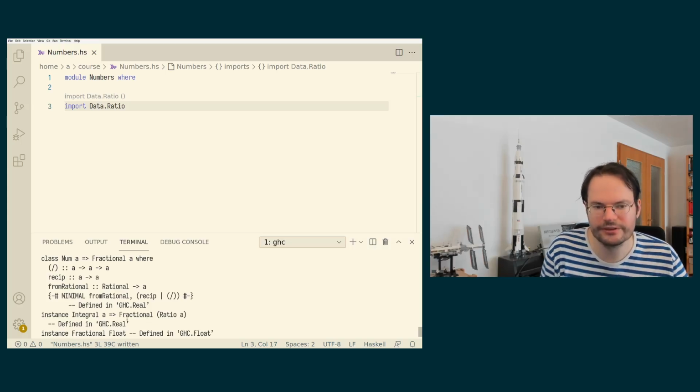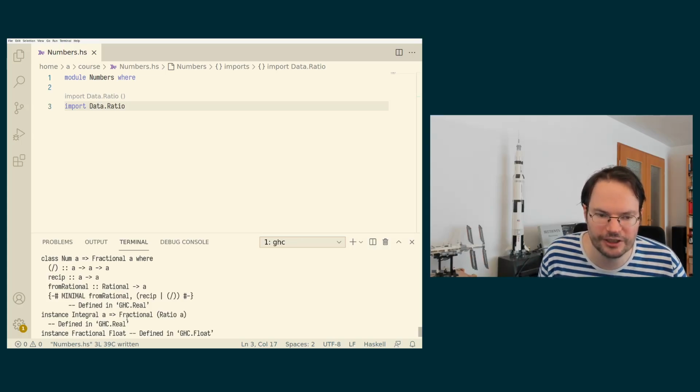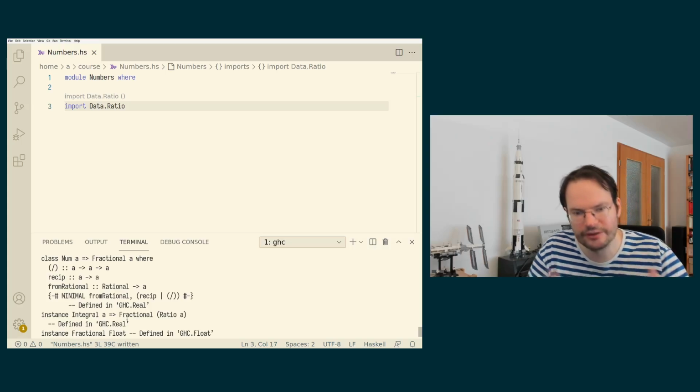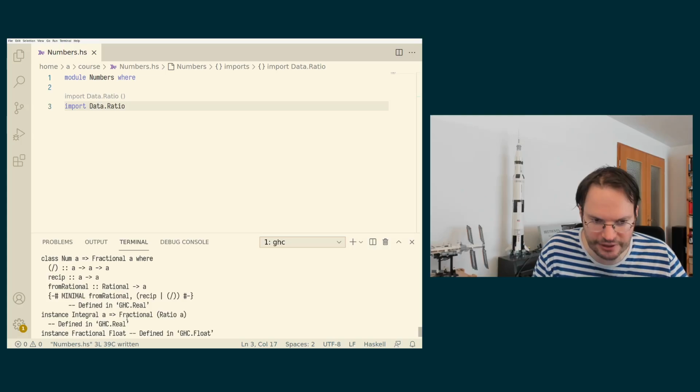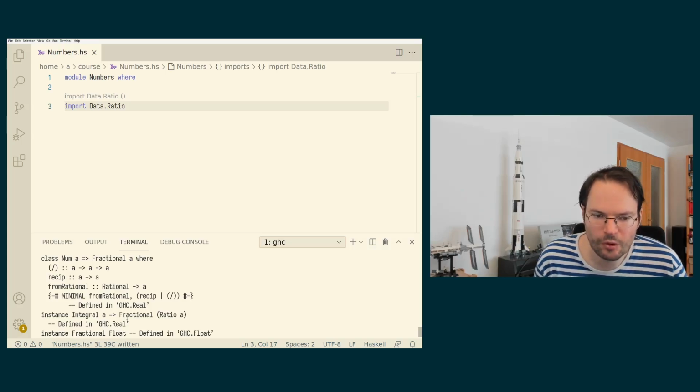And so you can always convert a literal fractional number precisely into a rational number, and then you can go from the rational number into the possibly more lossy Double or Float representation, right?